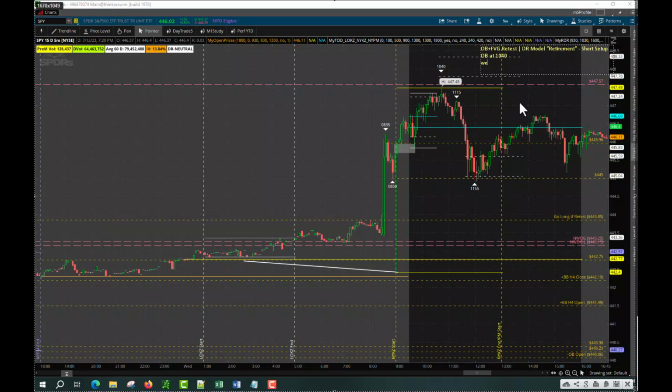And entry time. Remember, this is the buy side liquidity taken, or sweep. Entry time. Exit time, which is the target, is sell-side liquidity.